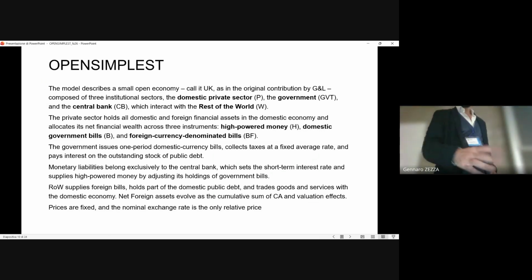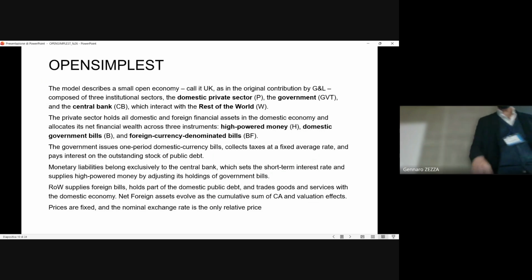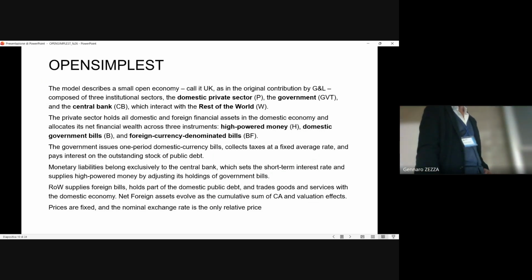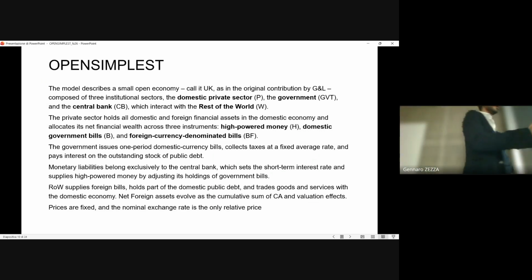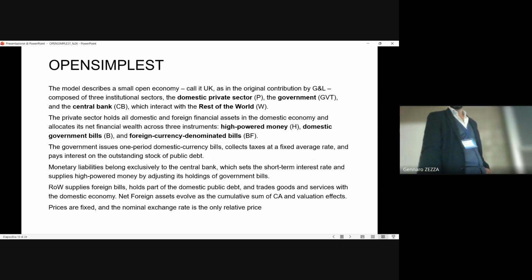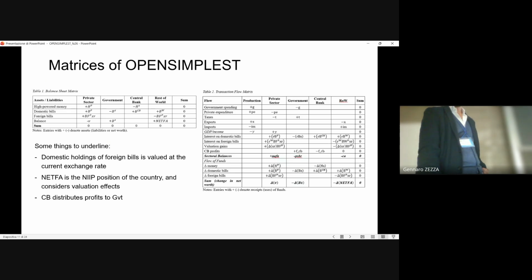The government issues bills, collects taxes, and so on. Of course, money is endogenous, so the monetary liability belongs to the central bank, which accommodates the demand for money coming from the household sector. And the rest of the world supplies bills as demanded by the private domestic sector. Prices are fixed, and the exchange rate is the only relative price in the system.